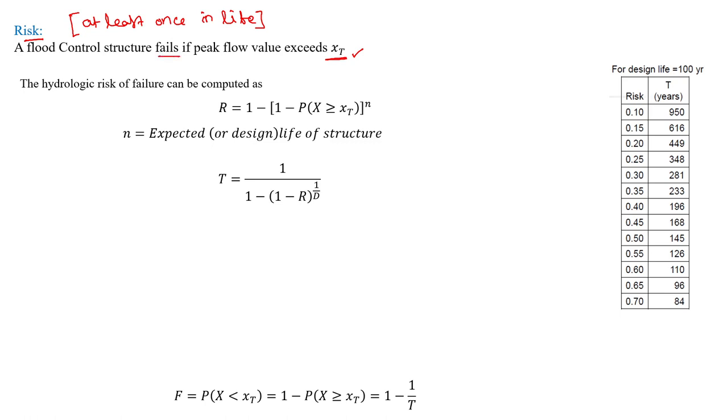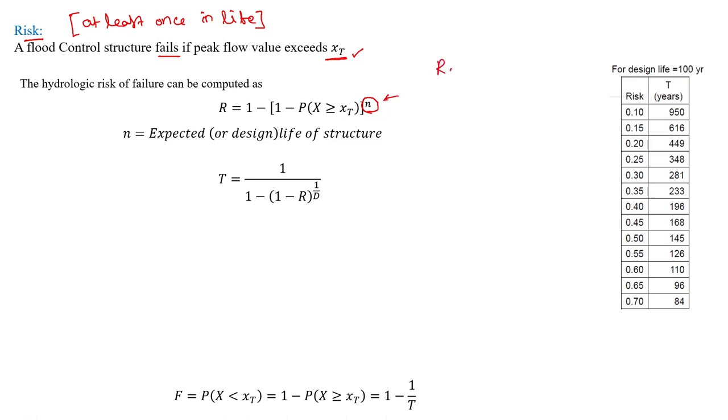So what is the risk associated with this? It can be calculated with this formula, which is 1 minus the probability of x greater than xt in n years. There is a long derivation for it, so you can ignore it for the time being, but you can remember this formula.